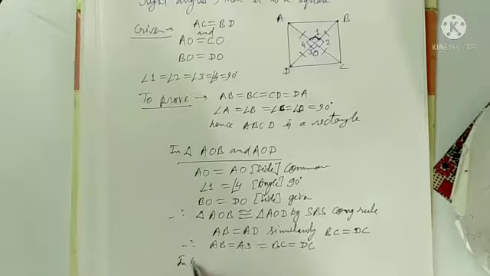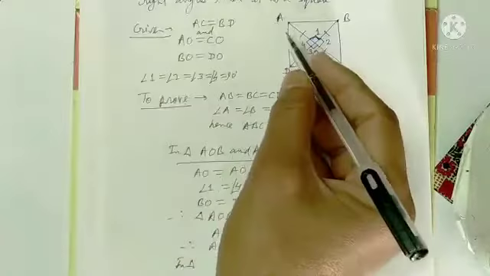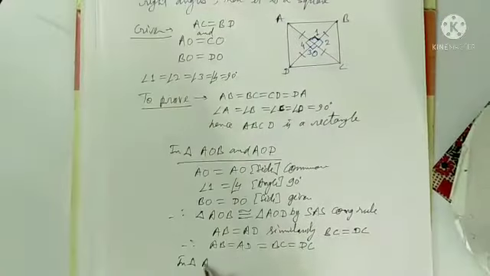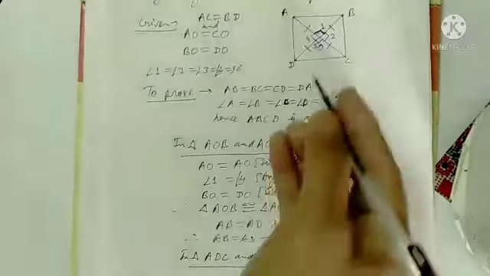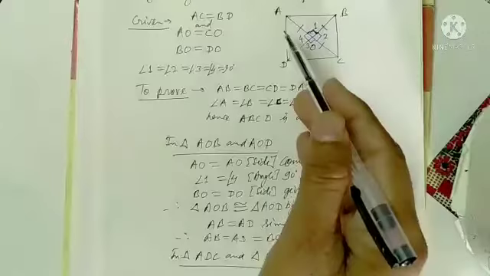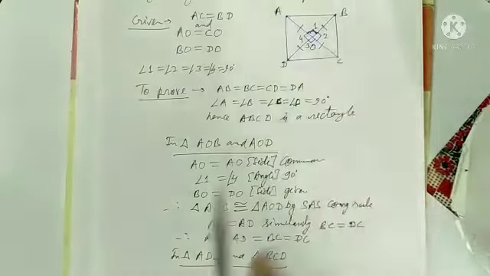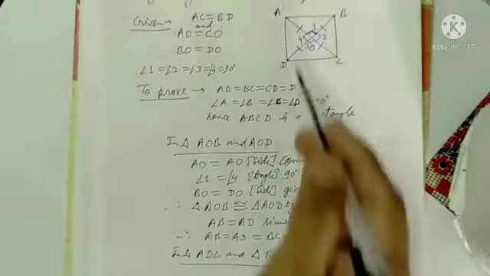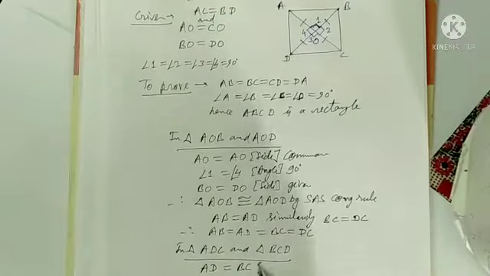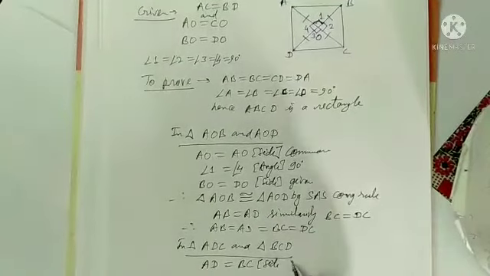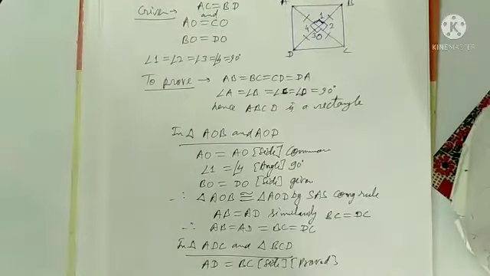Now after that we can take another fact of this quadrilateral. In triangle ADC and triangle BCD, what we can observe: we have proved AD is equal to BC, since all four sides are equal. That is a side and the reason is proved.